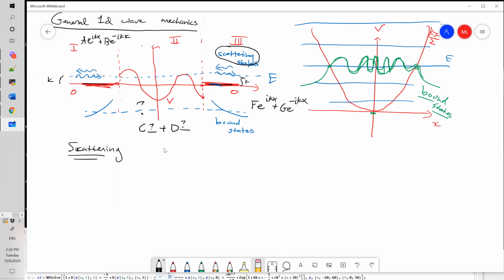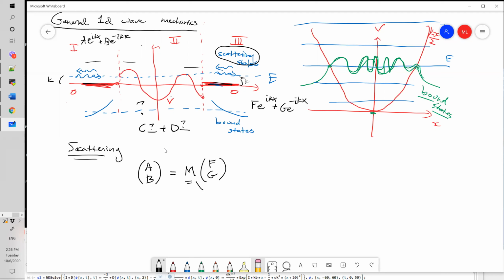And so next, I'll talk a little bit about one nice way to think about scattering. However you're solving this problem using the matching boundary conditions, you can think about mapping between the coefficients A and B and the coefficients F and G. There should be some transformation I can do where this is a matrix, a scattering matrix M, where I can take F and G. I can do all the matching from region 3 to region 2 and from region 2 to region 1.